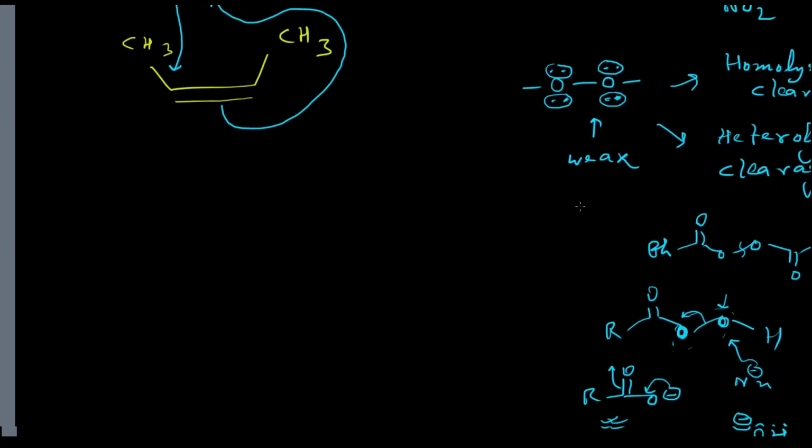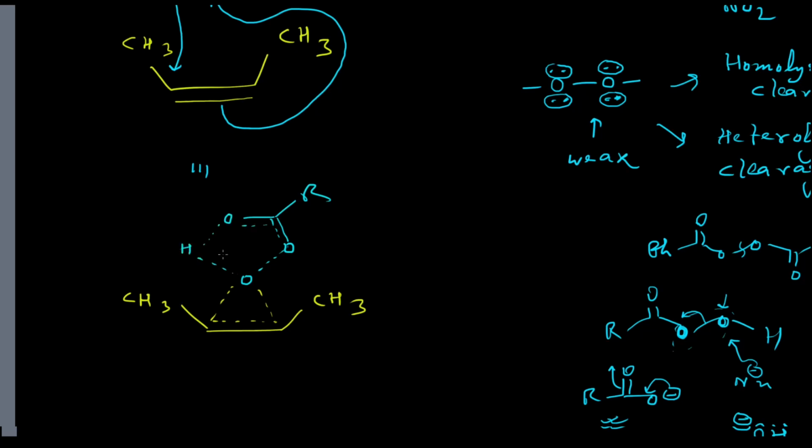So after that, the transition state will look like this. Here the significance of these dashed bonds is that they are either partially formed in the transition state, or partially broken.